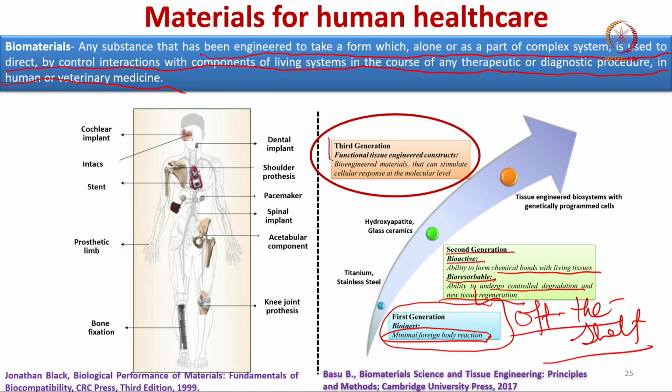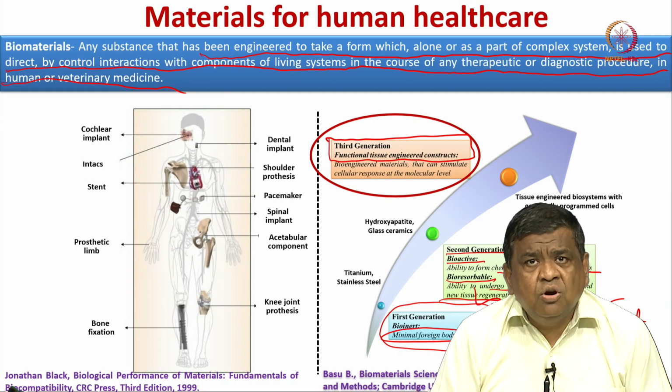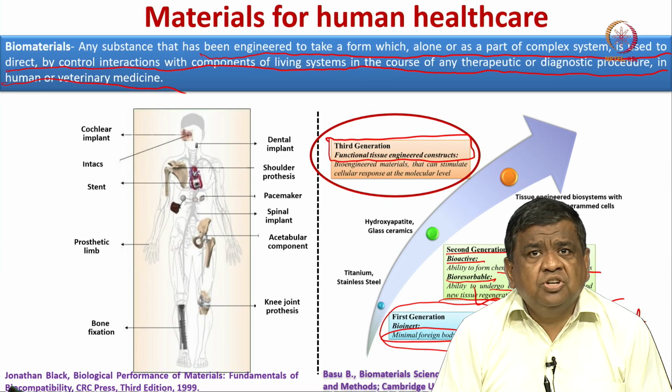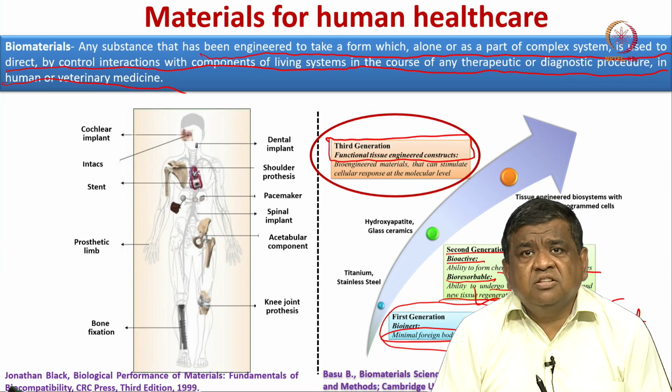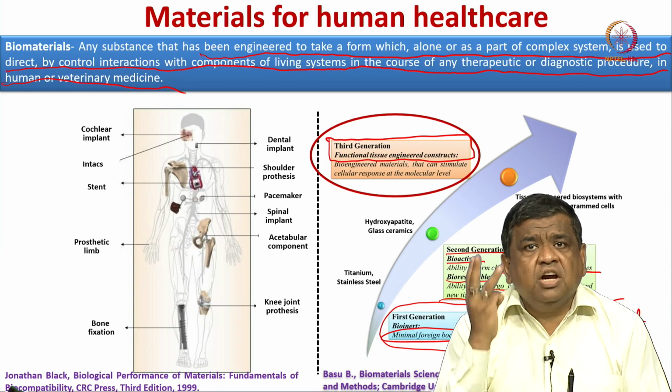Then third generation biomaterials is called functional tissue engineered constructs. Now, what is tissue engineering? I think I have mentioned it very briefly before, and I will mention it again in one or two subsequent slides. Tissue engineering essentially is again an example of the interdisciplinary field of science and engineering, which uses three components.